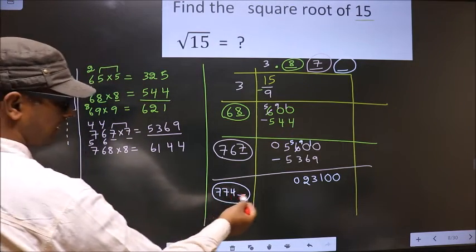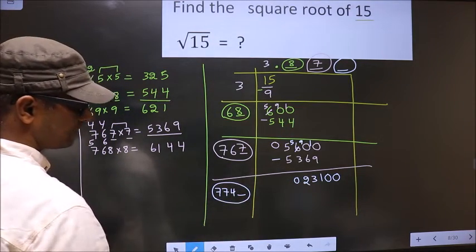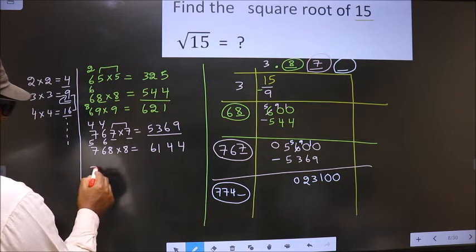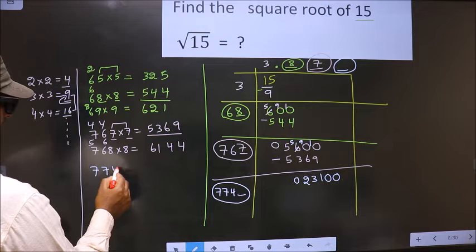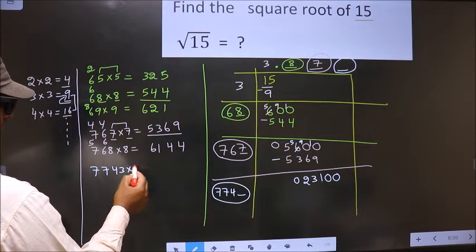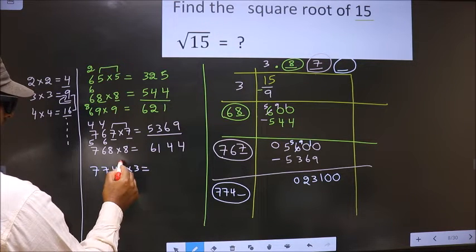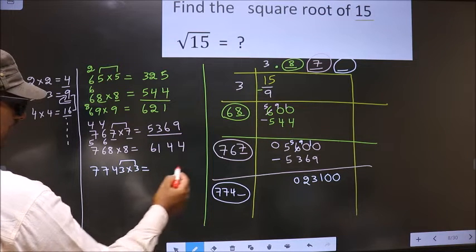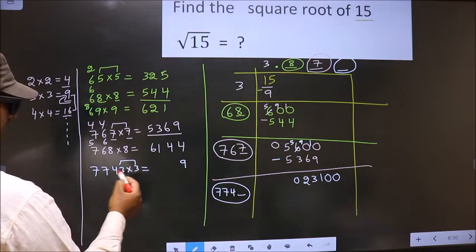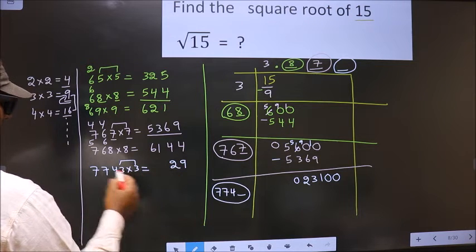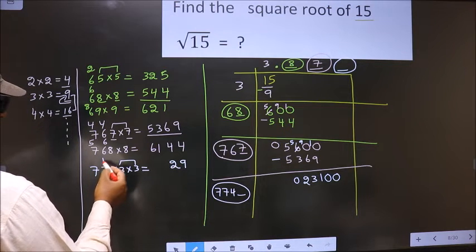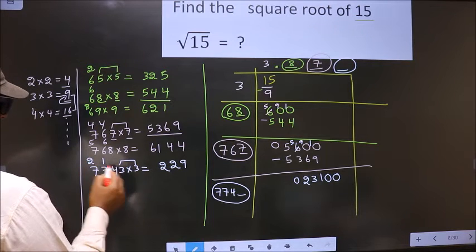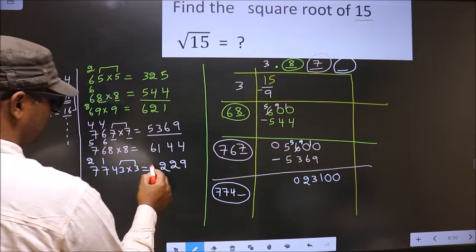Here it is 7,000, here it is 23,000. If we take 3 here, 7743, we should also multiply by 3. These two numbers have to be same. So 3 into 3, 9. 3 into 4, 12. 3 sevens, 21, plus 1, 22. 3 sevens, 21, plus 2, 23.